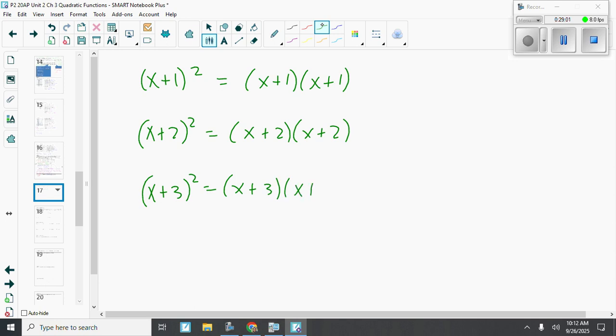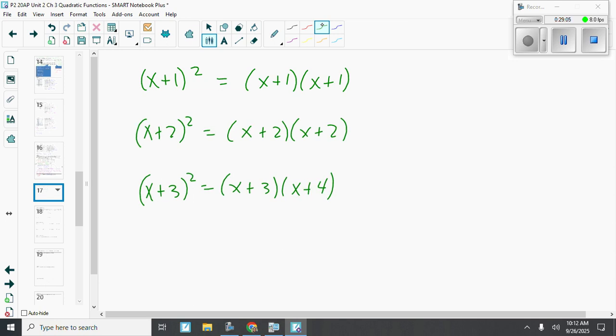Okay, so we're good with what the squared means. Let me just make sure my numbers are correct. I'm going to do one more here.